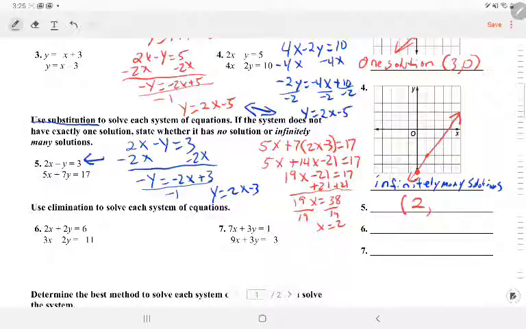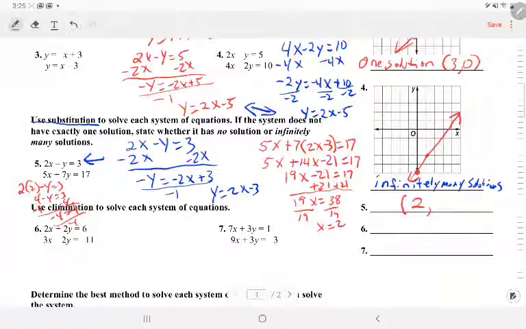Well, I can go back up here into my equation and put 2 times 2 minus y equals 3, or 4 minus y equals 3. Subtract 4 from both sides, and I end up with negative y equals negative 1.